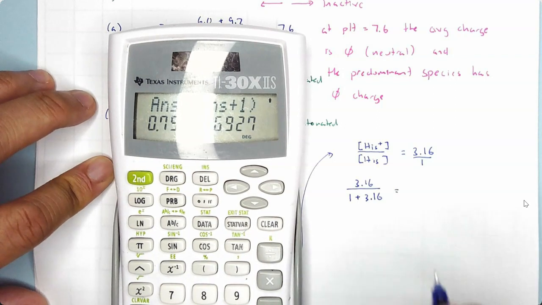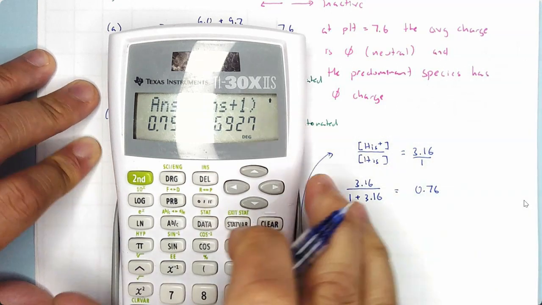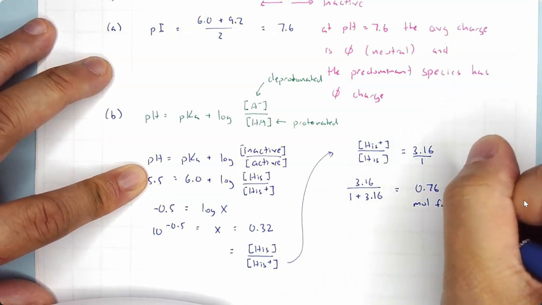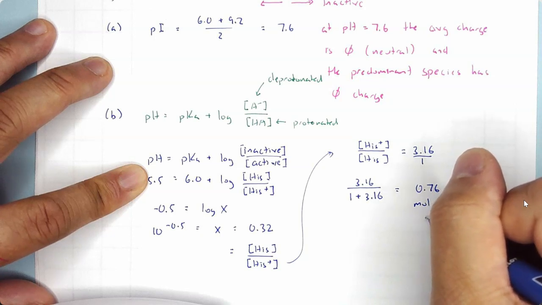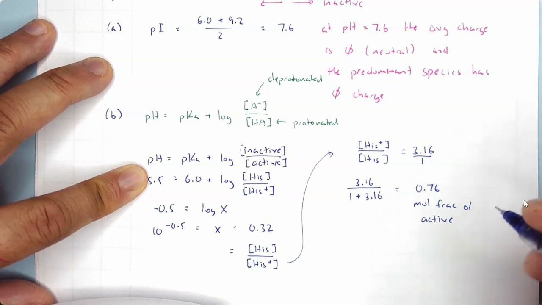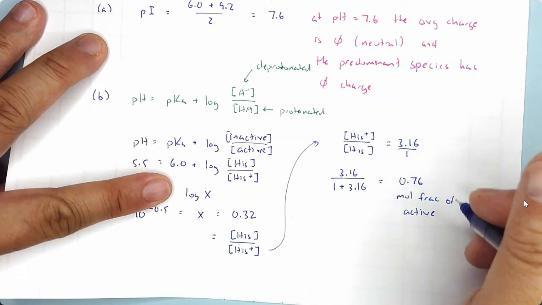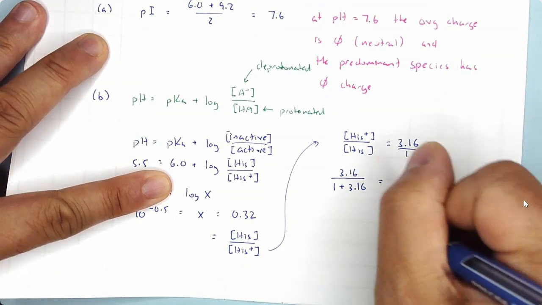Ooh. Mole fraction, 0.76. So that is the mole fraction of active enzyme. And that's what we predicted. Greater than 0.5. Active enzyme. Go ahead and circle that.